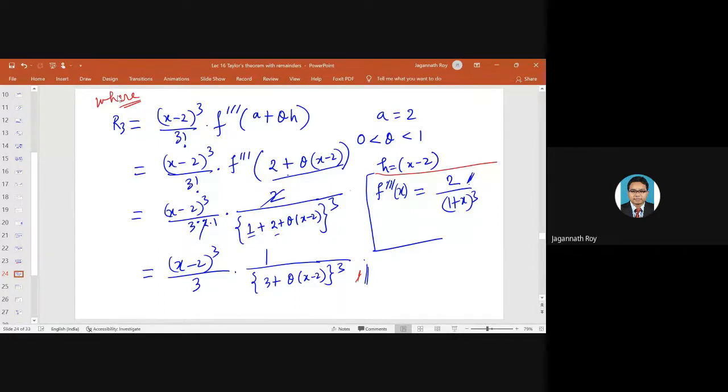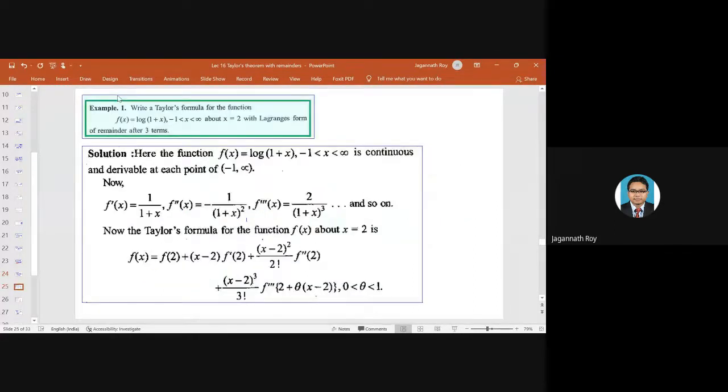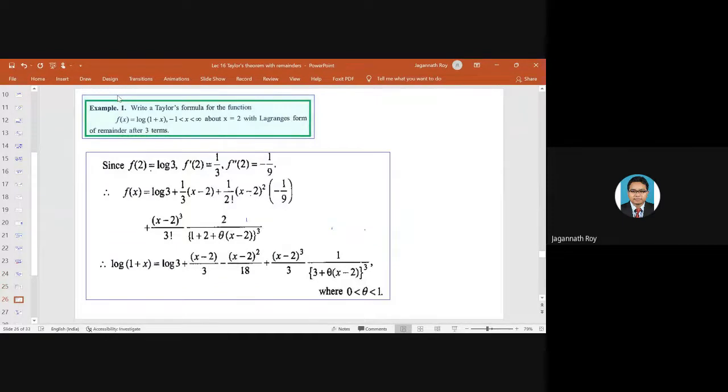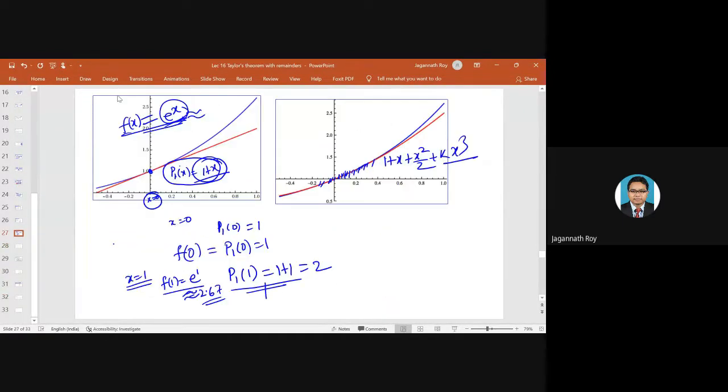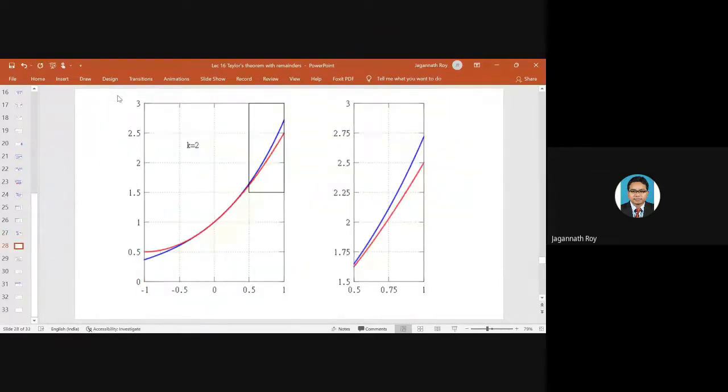Now there are some more worked out examples given, so I would ask you to verify. This one is actually to show you that if our x is given, then for 1 plus x square plus k times x cube, if we think of this as p n of x, then this will be an approximation.